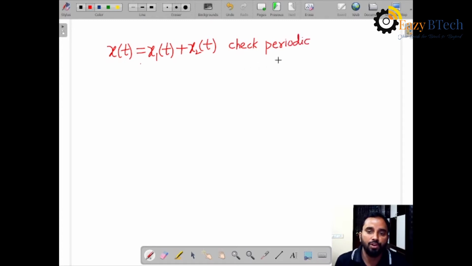If it is periodic, what is the time period? How do we do this type of problem?